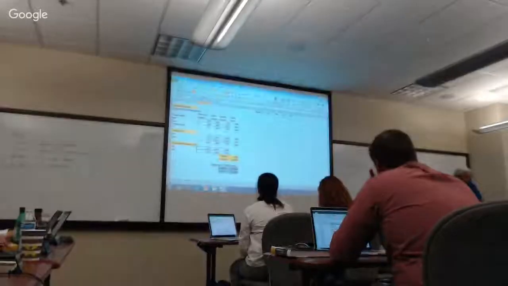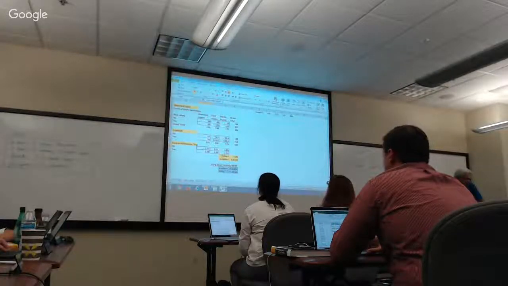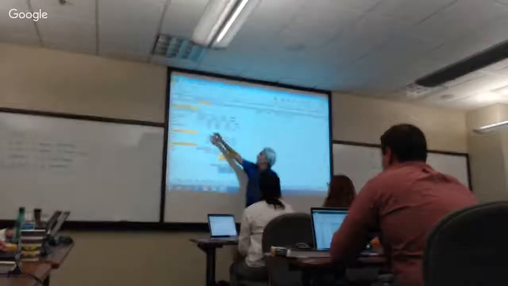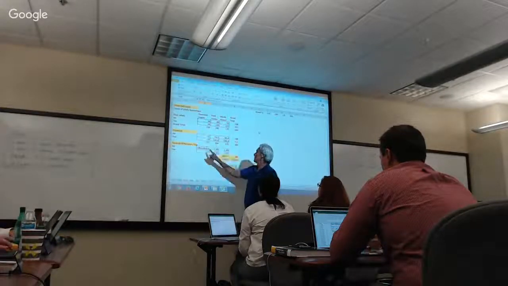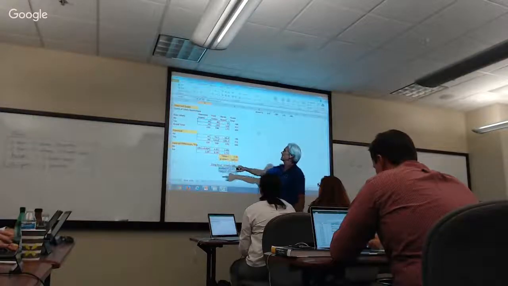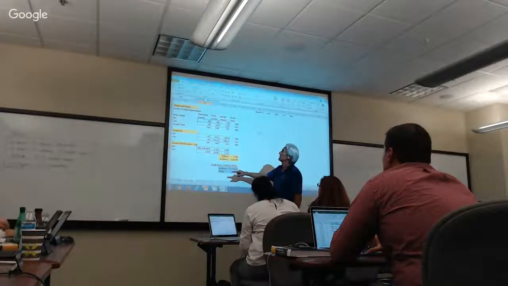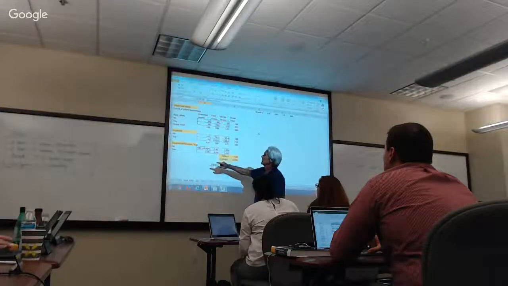Every one of these cells is the square difference between expected and observed. So let's look at this 172. What is that? I took the observed minus the expected, and I squared it. I divided by the total.